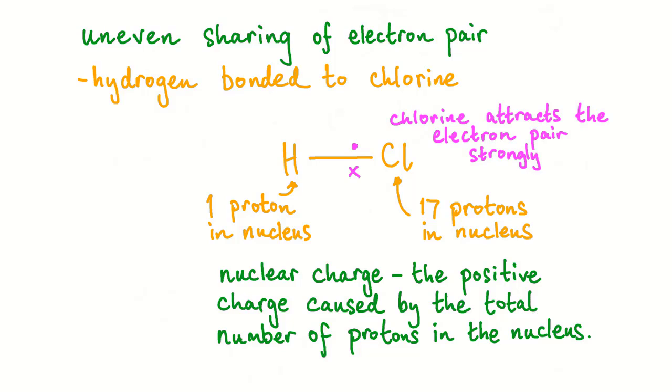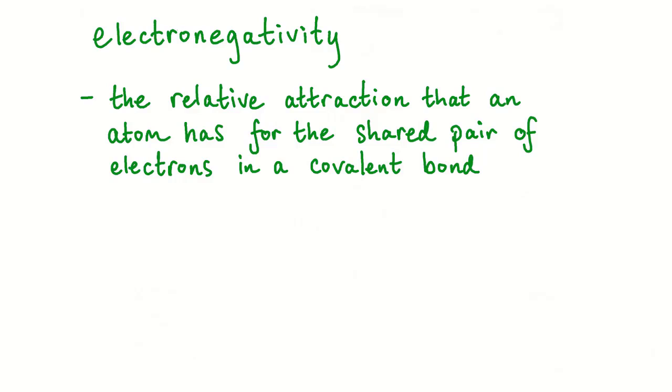Since the chlorine atom has a bigger nuclear charge than the hydrogen atom, the sharing of the electron pair in the covalent bond is not equal. The electron pair is attracted more strongly to the chlorine atom. The concept of how well electrons are shared in covalent bonds is called electronegativity.